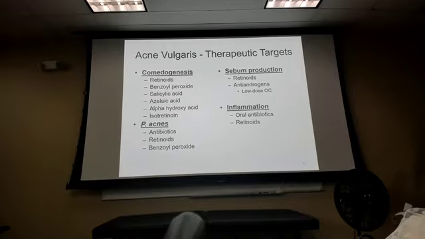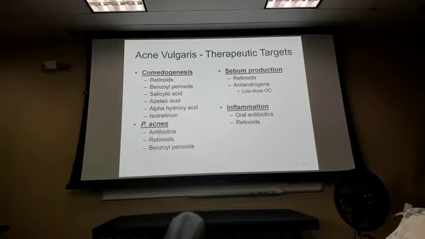And if you're trying all of that stuff and it's not getting any better, then we can think about some of that Accutane if we need to send them over. And we're going to specifically talk about Accutane here in a little bit. Again, the generic name of Accutane is what you see there at the end.